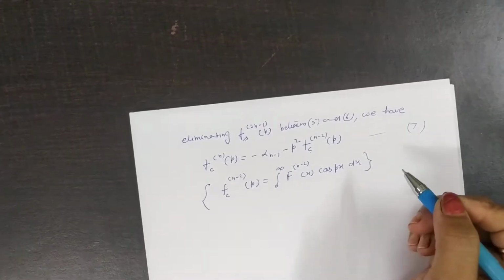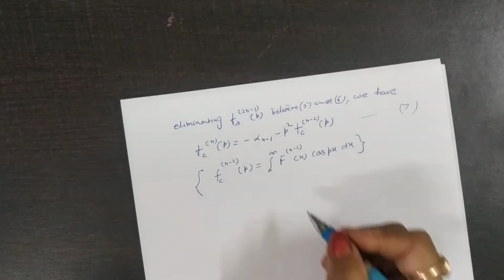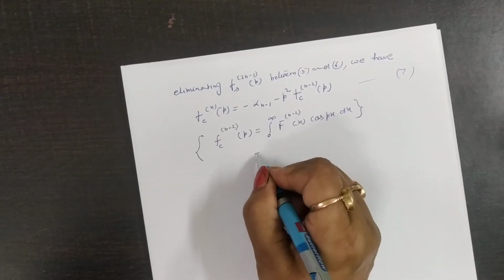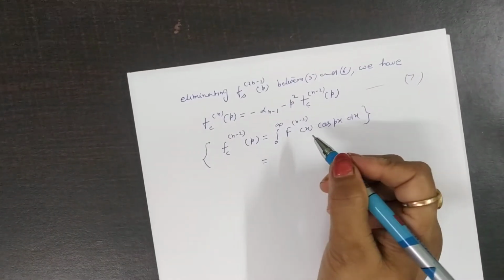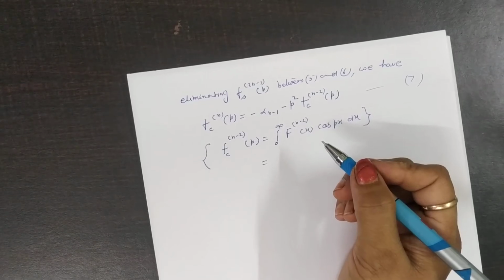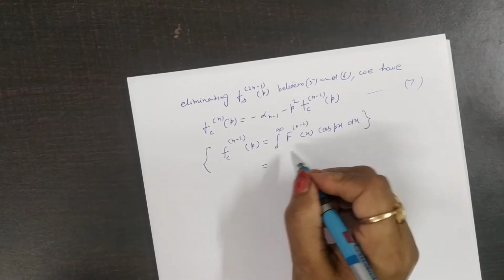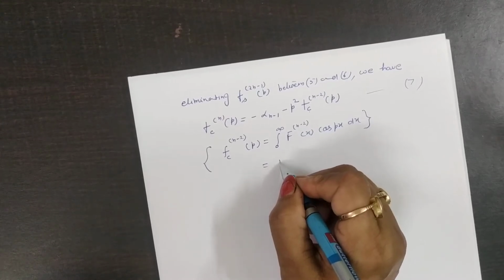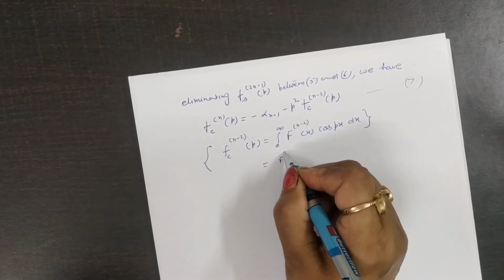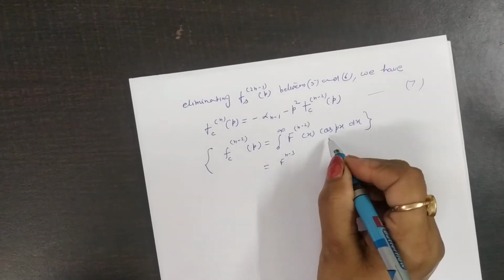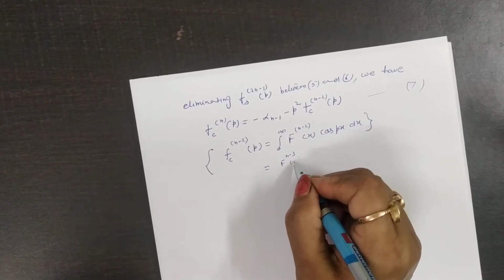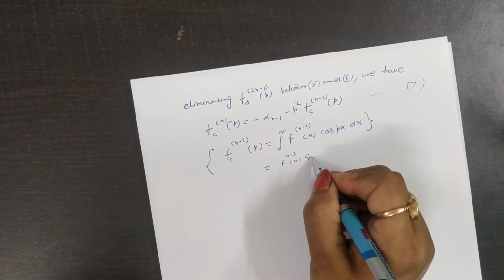Similarly, if you integrate by parts, then you get the next term: first derivative, then f of x, if n then n minus 1, so here is f n minus 3, and here again cos px.